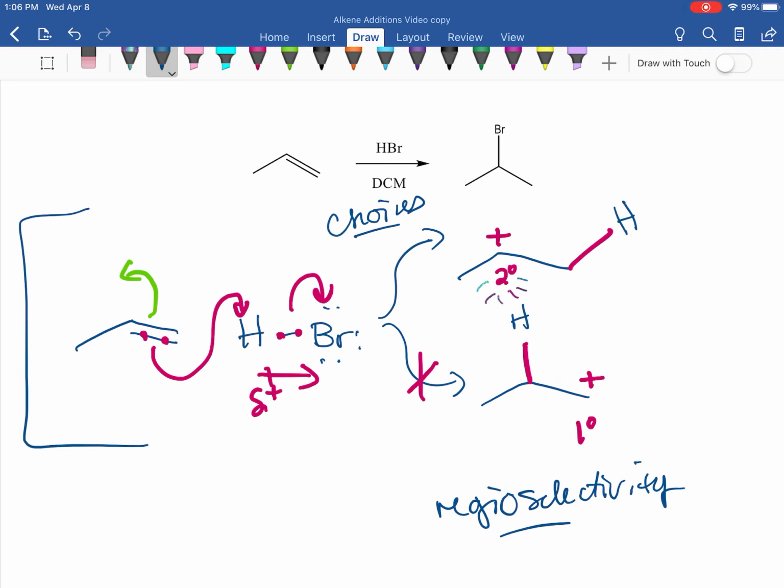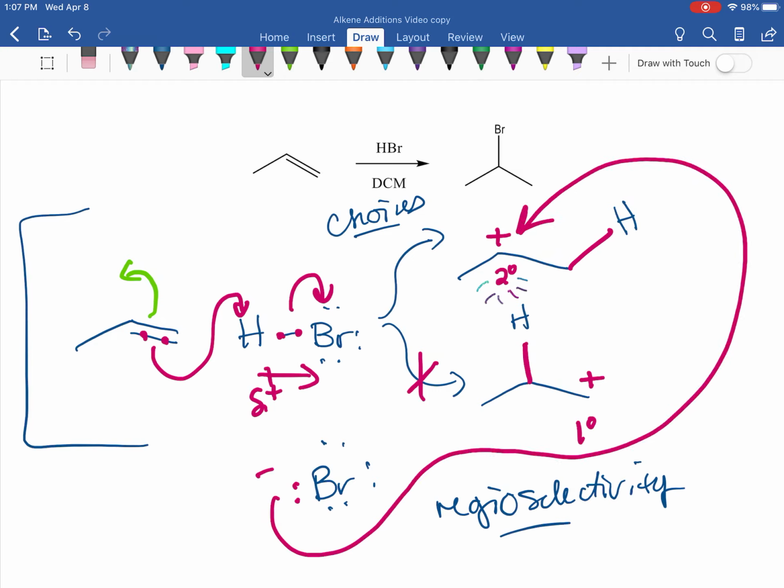Okay, now let's figure out what fills in that space. What is going to fill in your carbocation? What do we actually have in solution? Well, we lost a bromine. That's a good leaving group. Our dichloromethane is our solvent, or more alkene. The only thing we've got floating around that's going to fill in that space is actually our leaving group, that bromine.